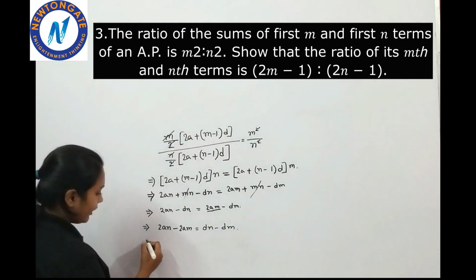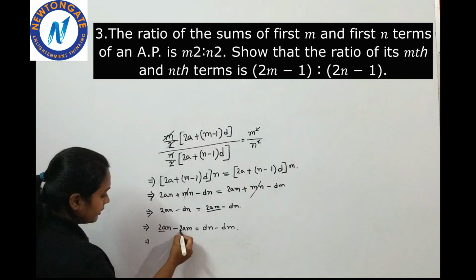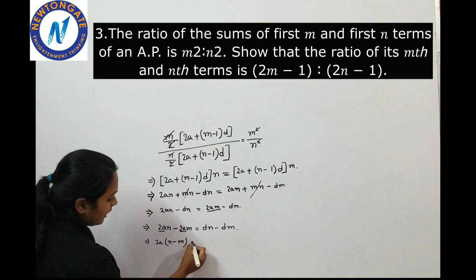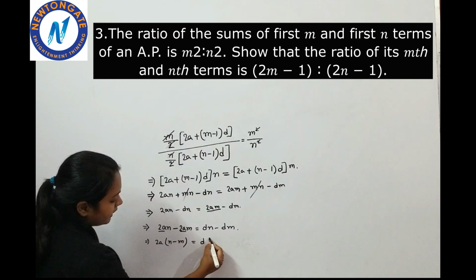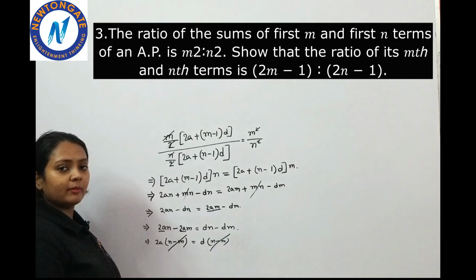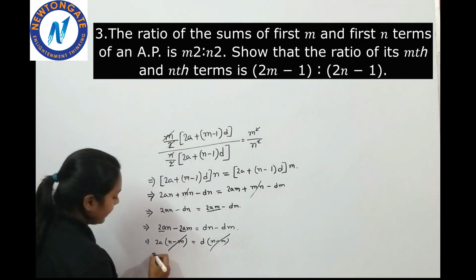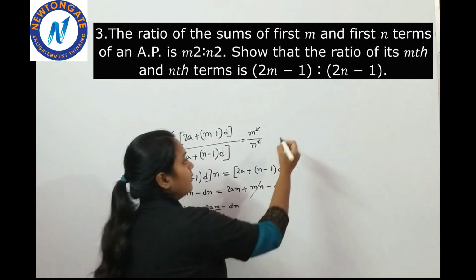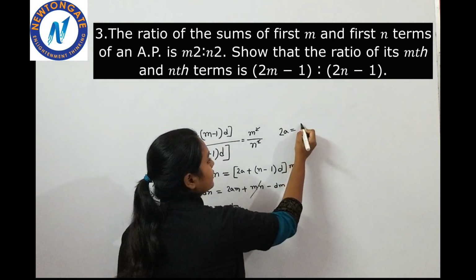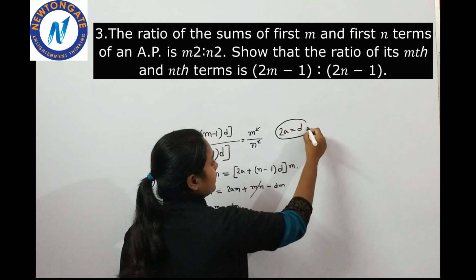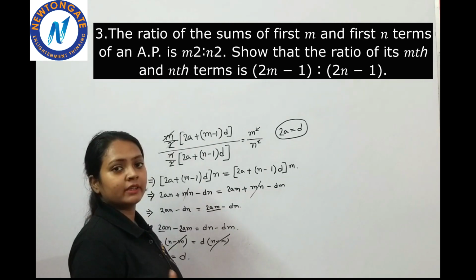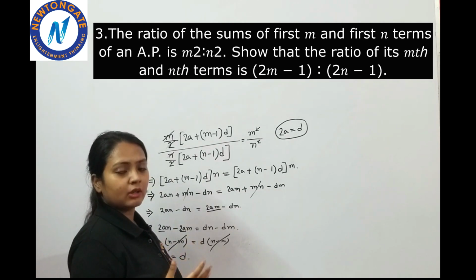Then if we common 2a, then we get n minus m, and here if we common d, then n minus m, and n minus m cancel out, and we get 2a equals to d. You remember that 2a equals to d. This expression we use when we calculate the ratio of mth and nth term.